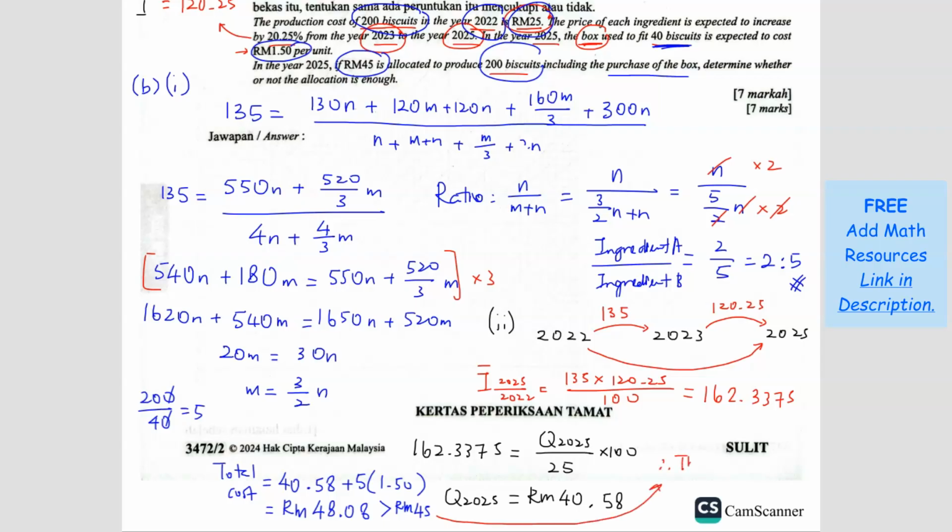Therefore, the RM 45 allocation is insufficient, or is not enough, because the total cost is, then you write the price now, RM, sorry I have no space, 48.08.